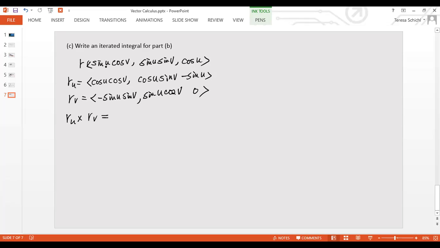All right, so now you try to do R_u cross R_v. We already did this many times before. So this one will be equal to sine squared u cosine v to the i component, plus sine squared u sine v to the j component, and then plus sine u cosine u to the k component.